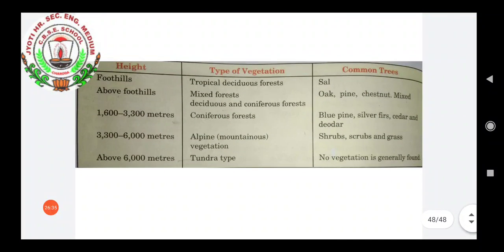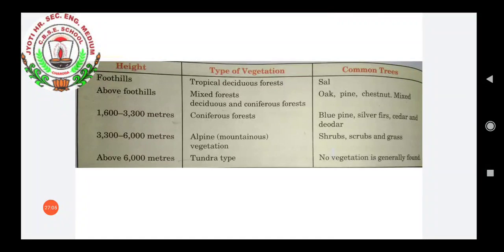Now here with the help of this table, we can understand that the foothills have forest with trees like sal, which comes under tropical deciduous forest. As we go above the foothills, we will have mixed forest, that is deciduous and coniferous forest, with trees like oak, pine, chestnut, and mixed.